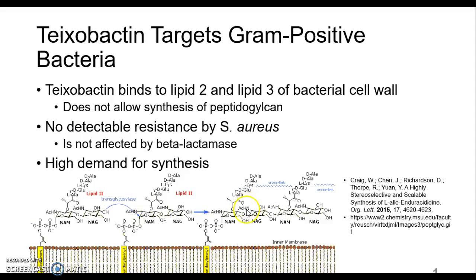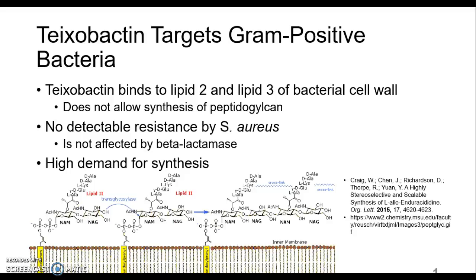And once they are linked, then cross-linking of the amino acids is done. What teixobactin does is it binds to the lipid 2 precursor molecules before the N-acetylglucosamine and N-acetylmuramic acid are linked together.